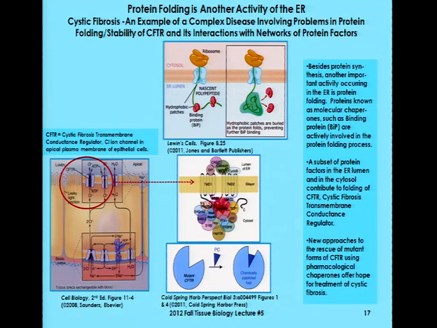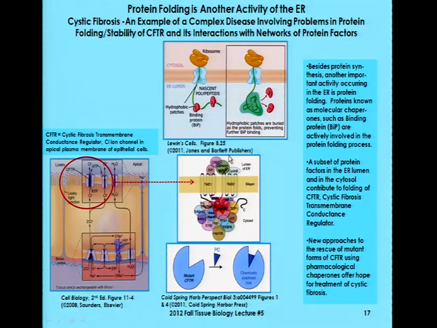cell surface. And there's been quite a bit of research interest in studying the folding of the cystic fibrosis transmembrane conductance regulator, which is a chloride ion channel protein. And it's been shown that there is a whole bunch of proteins that assist in the folding of the cystic fibrosis transmembrane conductance regulator. They exist in the lumen of the ER as well as in the cytosol.